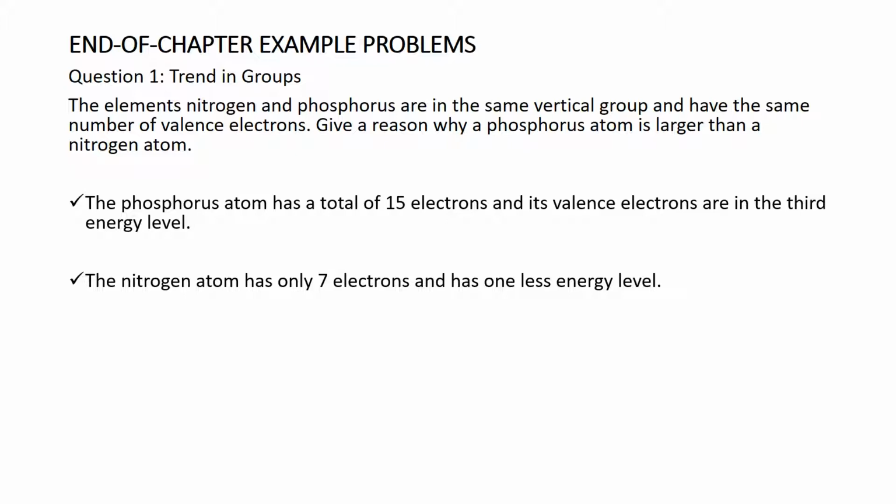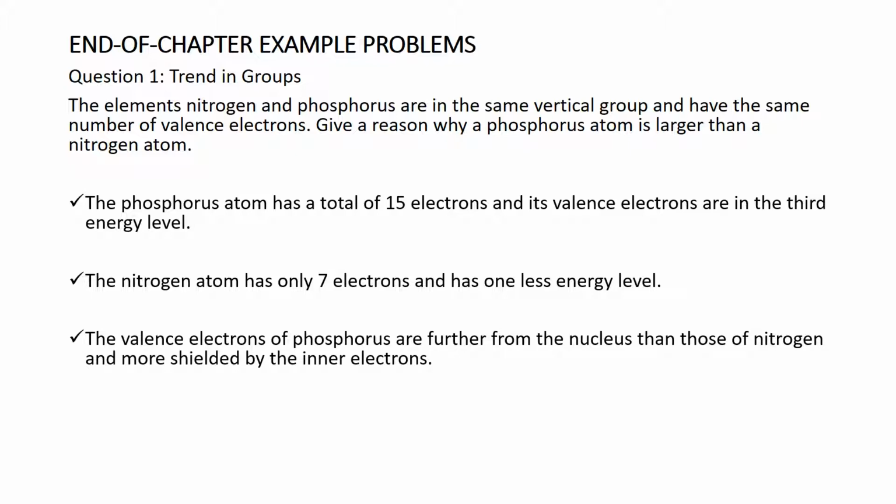Each time you move down a group you are adding an extra energy level. So nitrogen is at the top and phosphorus is at the bottom of nitrogen. So nitrogen has 1 less energy level than phosphorus.